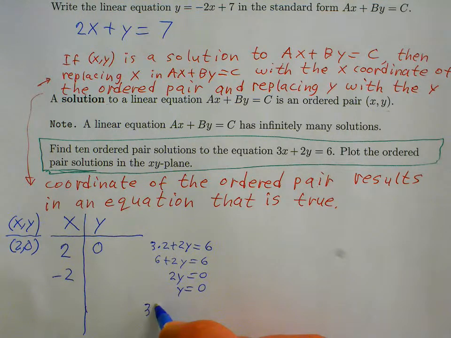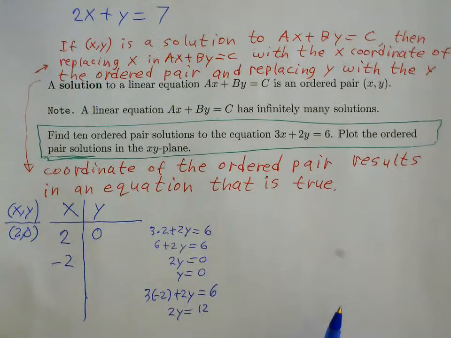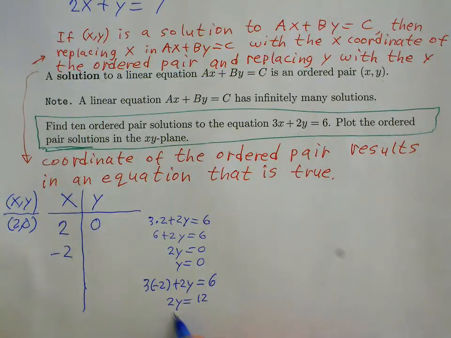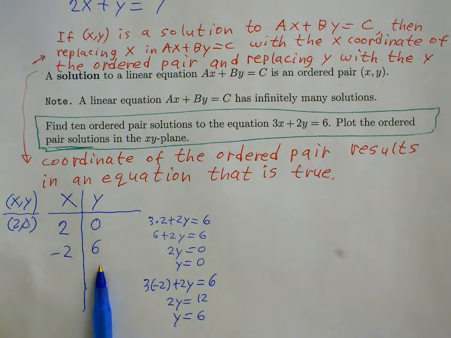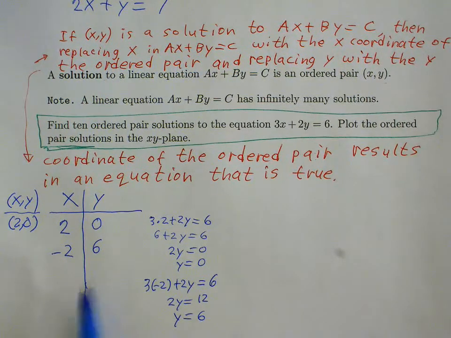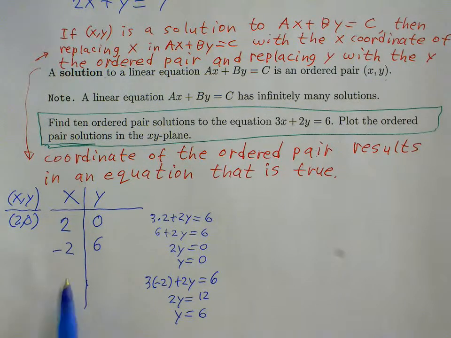So we get 3 times negative 2 plus 2y equals 6. 3 times negative 2 is negative 6, so I'm going to add 6 to both sides, and I'll get 2y equals 12. And then divide both sides by 2. We get y equals 6. So we get the ordered pair negative 2, 6. I wouldn't say that picking x to be negative 2 is the best choice if I want arithmetic to be easy.